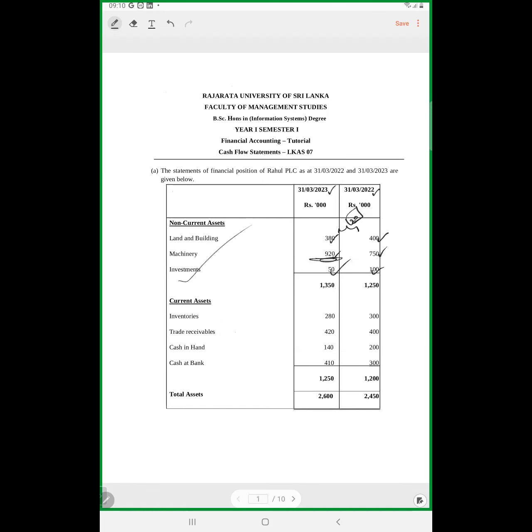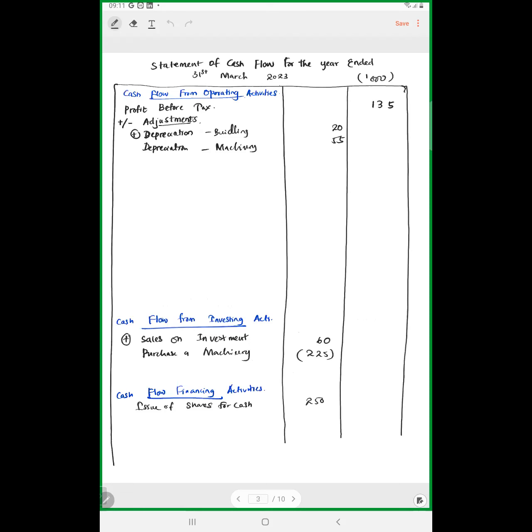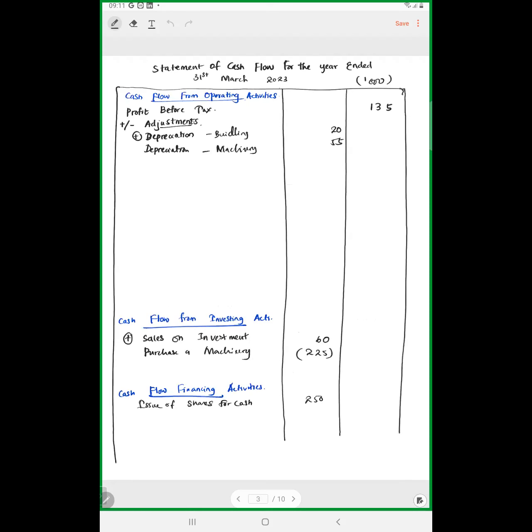Yes, this one is okay. And current assets. You know that there are two current assets for which we have to do what we call working capital changes. So these are the working capital changes. How do you know? Ne? So we can calculate 75 as addition. So then 210.